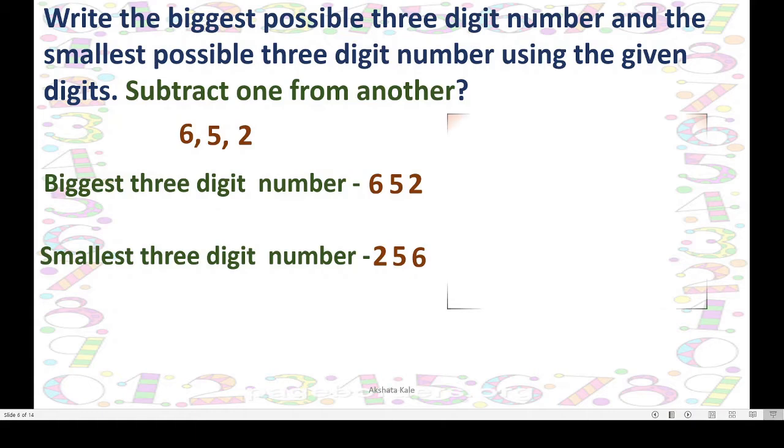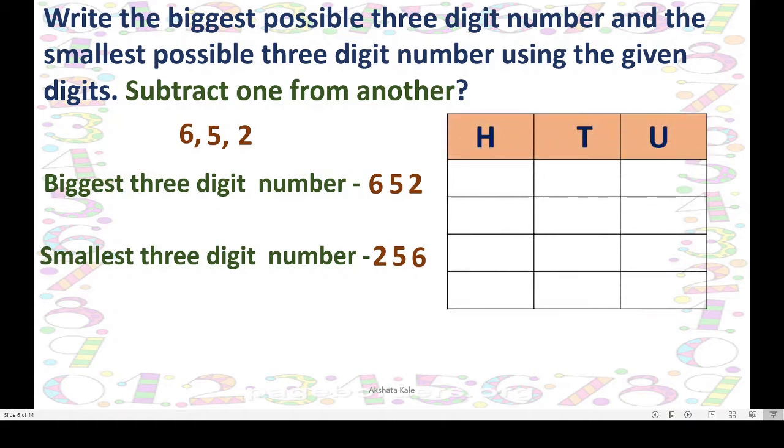Now we will make a table. Here we will write 652 up and 256 down. Now we will carry out subtraction from unit place. 2 minus 6 not possible. So it borrows from tens place and it becomes 12. And 5 becomes 4. So 12 minus 6 is 6. And 4 minus 5 again not possible. So 4 tens borrows from 600.